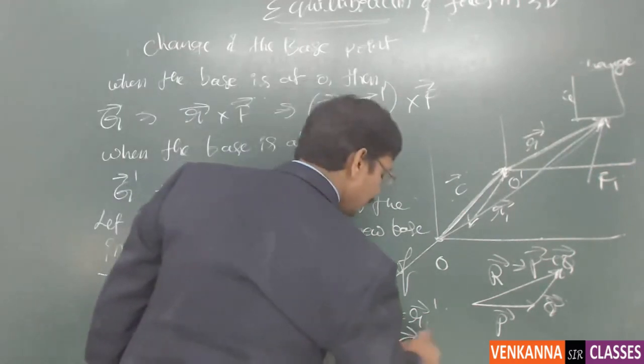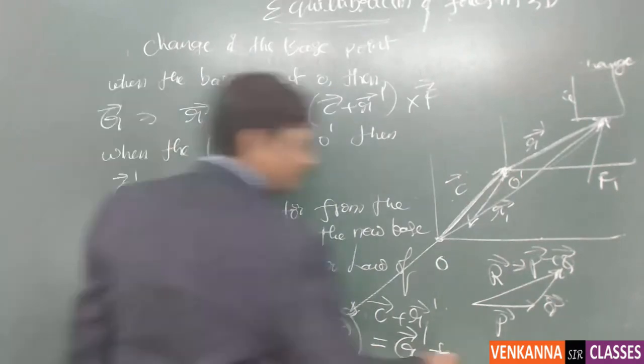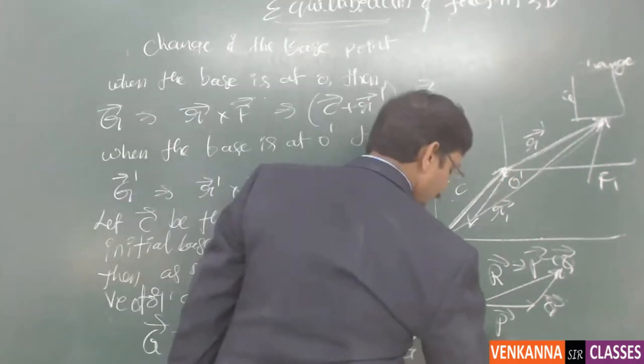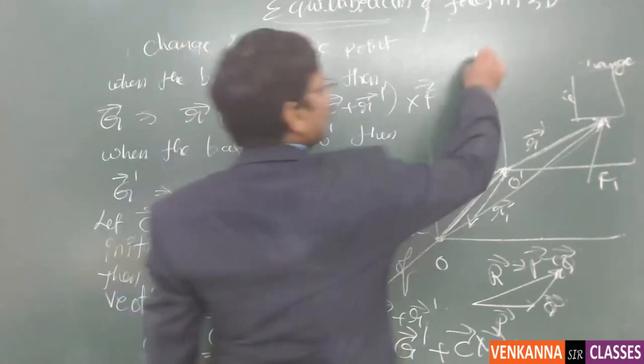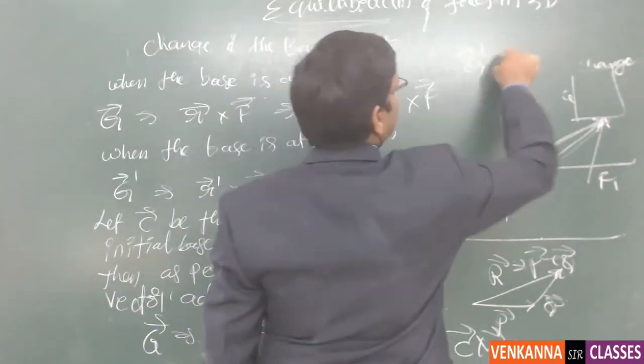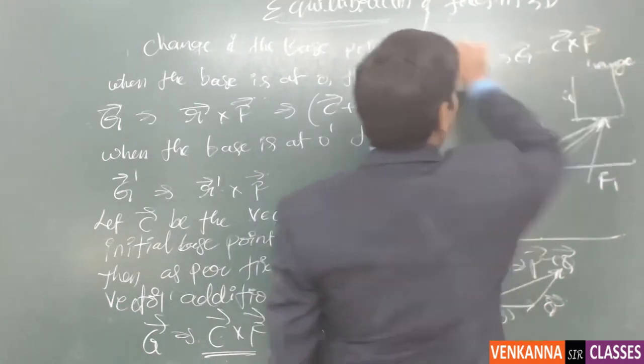So this is the G dash vector plus this component, which is nothing but the constant vector C cross F. So you can write that G dash is equal to G minus C cross F. So this is the new moment.